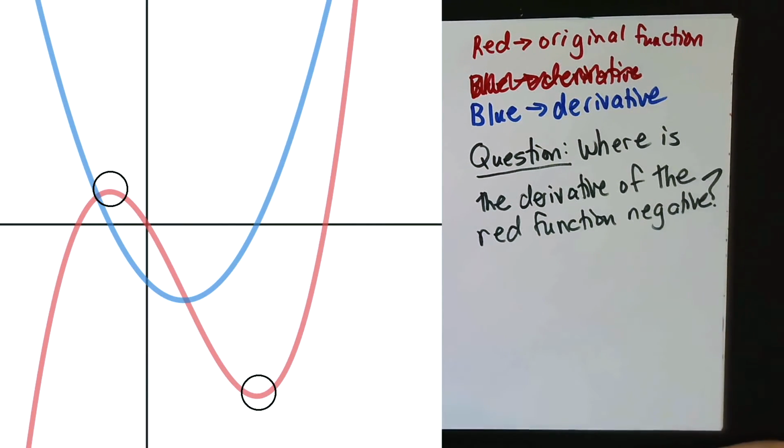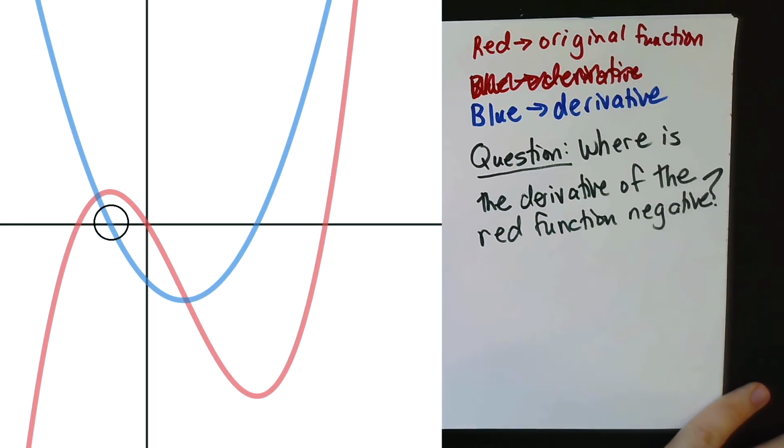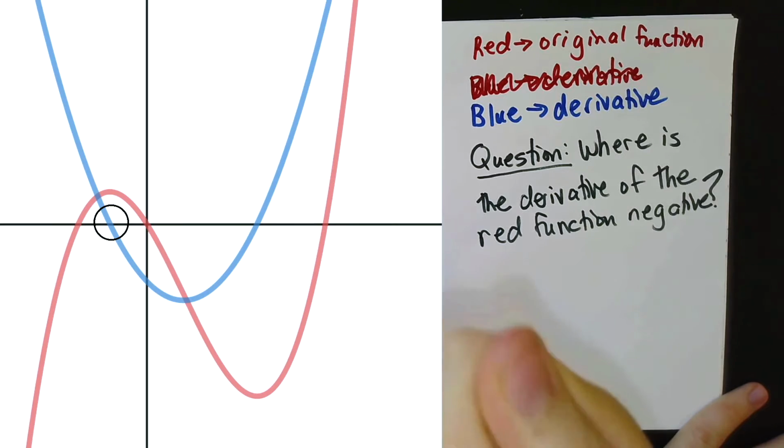But for now, I want to point out there's another way we could have answered this question. Namely, we could have answered this question by looking at the blue graph instead. The blue graph literally is a graph of the derivative, so if I want to know when the derivative is negative, I could have just looked at the blue graph and seen when the blue graph is negative. And that's a little easier to read because negative, rather than negative slope, just means that the point on the blue graph is below the x-axis.